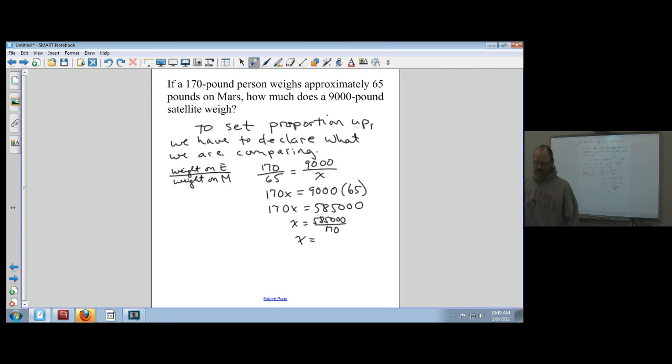So 585,000 divided by 170 gives us 3,441.176. And typically we would round these to whatever the instructions tell us to, and I apologize that I didn't give you the instructions on how to round that, but we would go ahead and round that to 3,441.